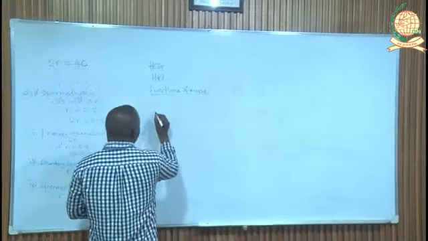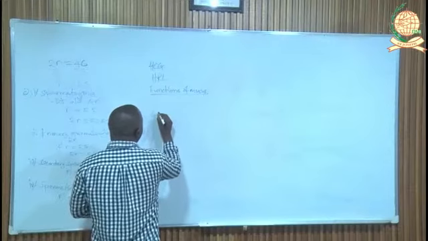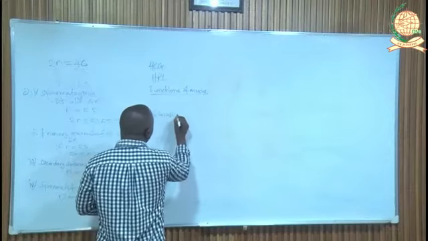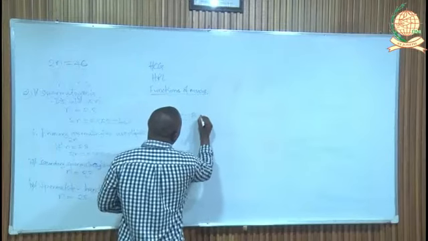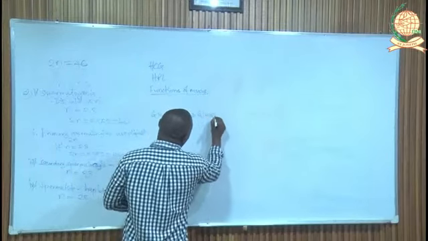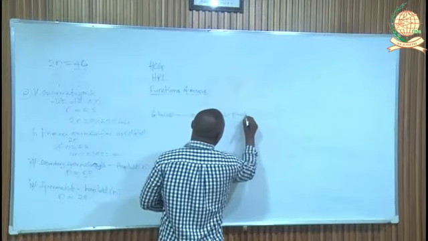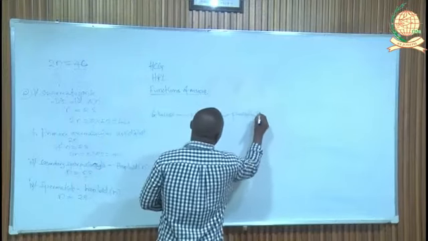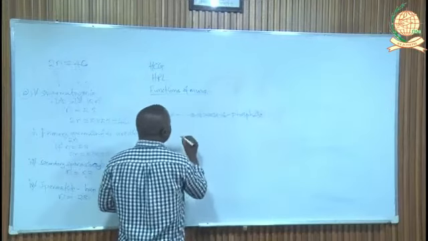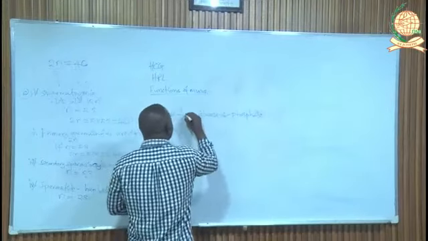The first phosphorylation is in the conversion of glucose into glucose 6-phosphate, and here there is an input of 1 ATP.